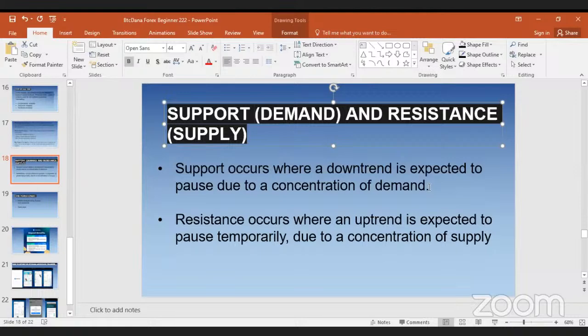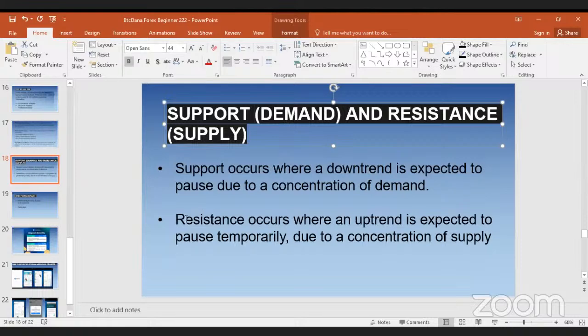They are waiting at that price, and when the market gets to that point, they start to buy. That is what we mean by a downtrend is expected to pause due to a concentration of demand. The people that want to buy start to take over the market when the downtrend gets to that particular price point.